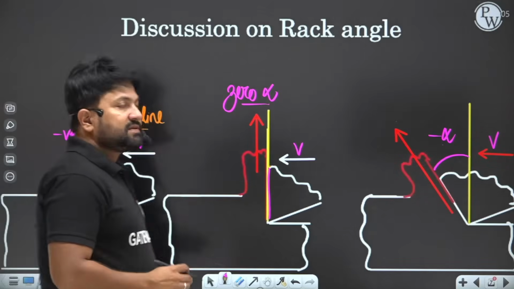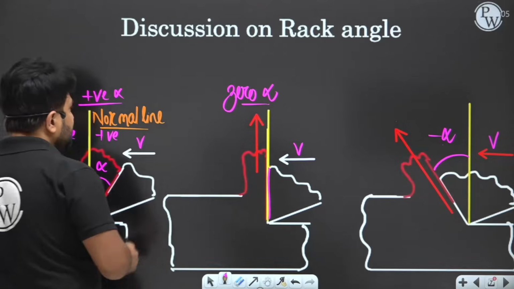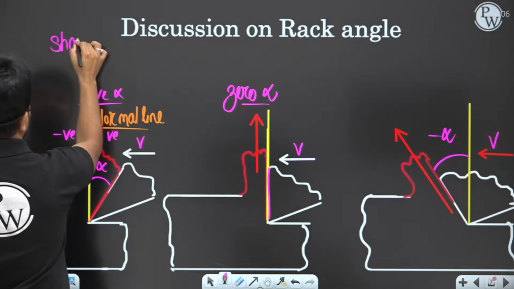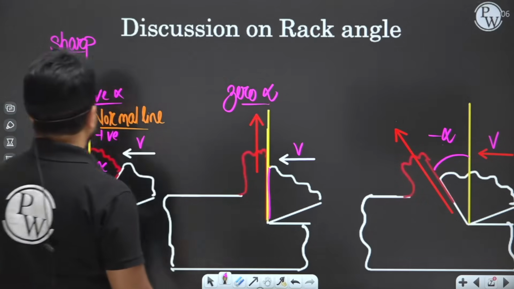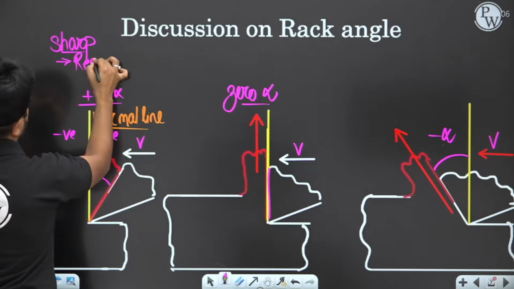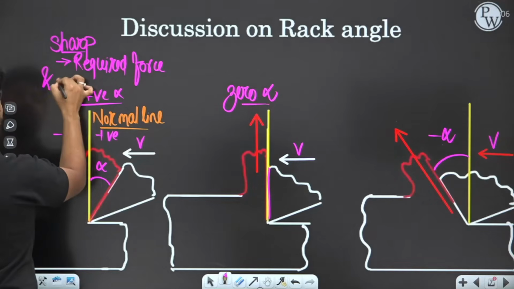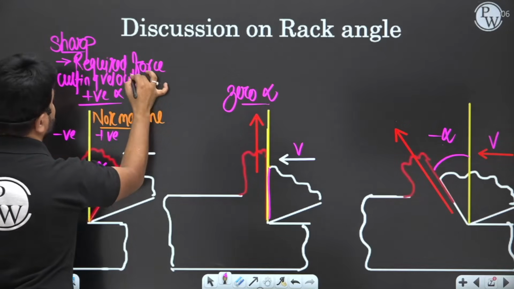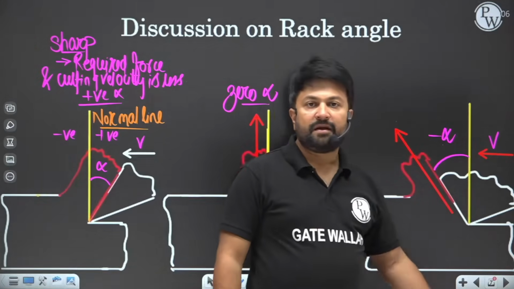Now there is some important analysis, my dear. Positive rake angle tools are generally sharper. So the required force and cutting velocity is less compared to the 0 or negative rake angle, because it is sharp.